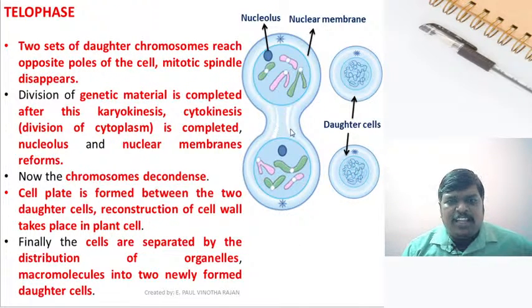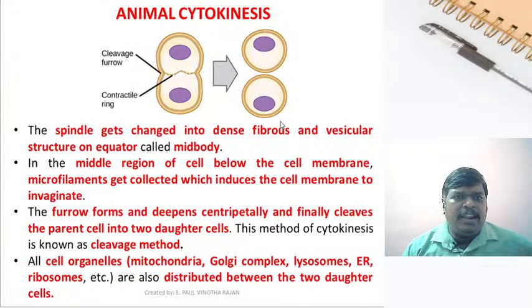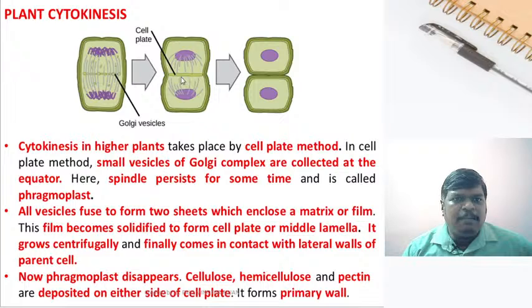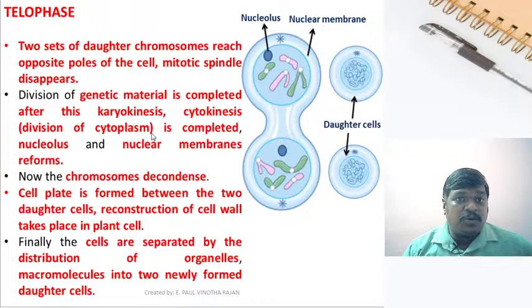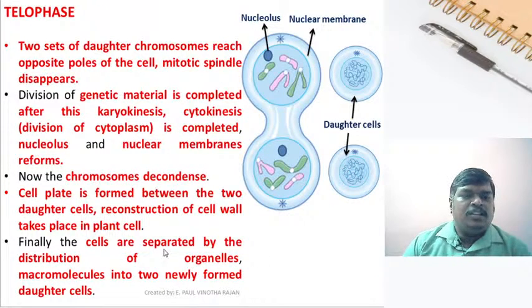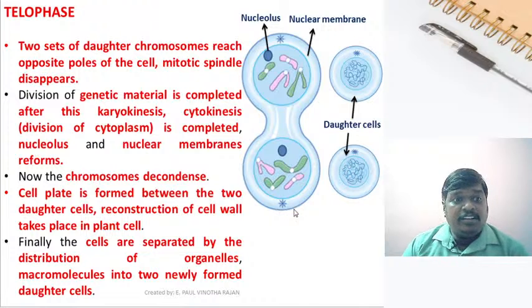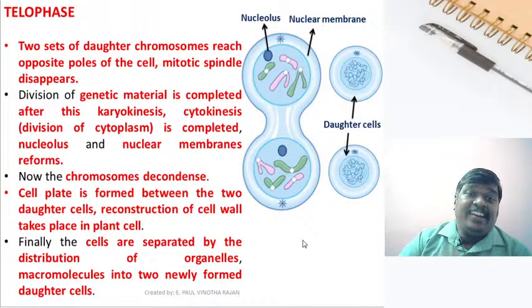This plate is called the cell plate. This cell plate helps in the division of the two daughter cells in plant cells and helps in the formation of the cell wall. That's what I am going to explain to you later. Here the cell plate is formed between the two daughter cells and reconstruction of the cell wall takes place in the plant cell, whereas in the animal cell, the cell just divides.